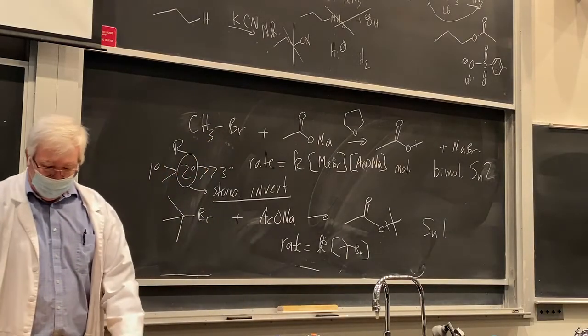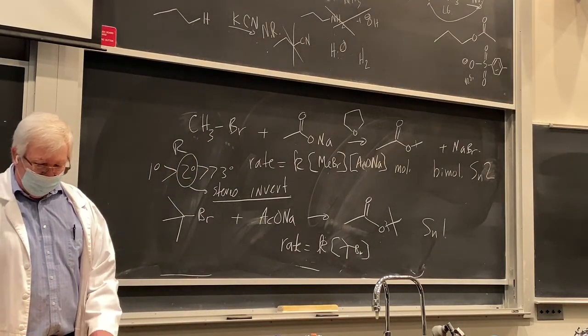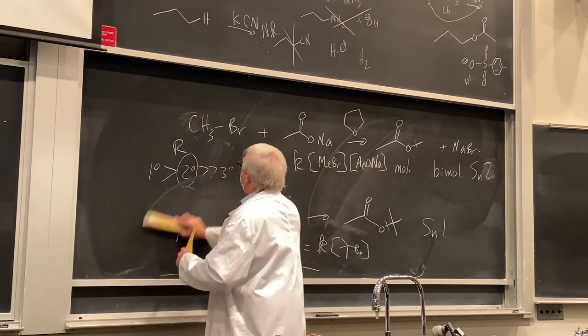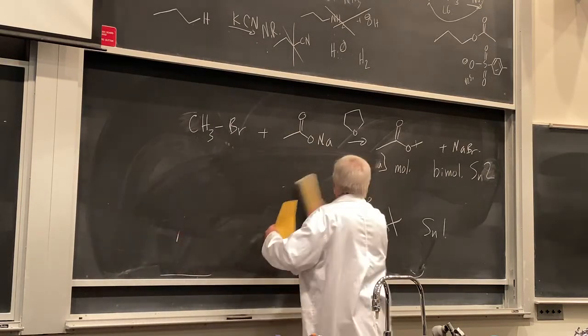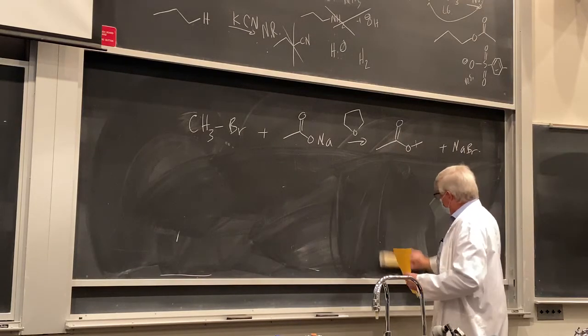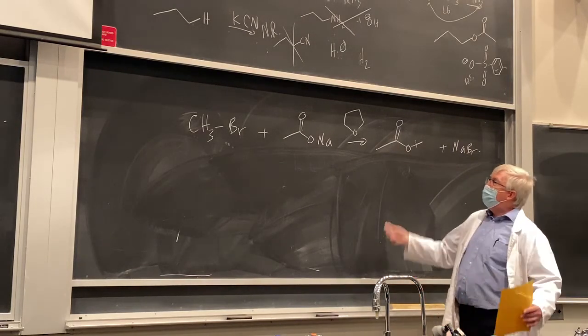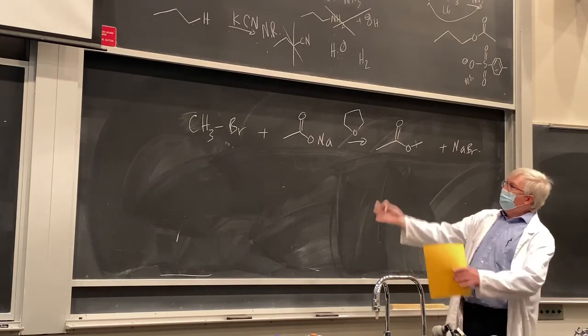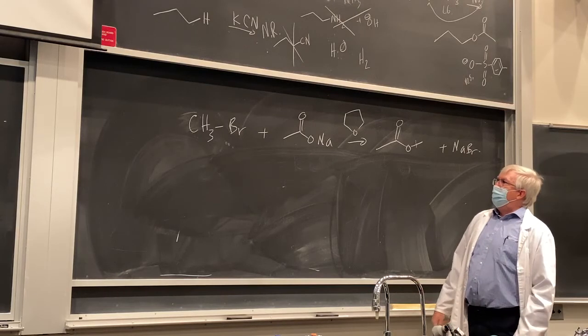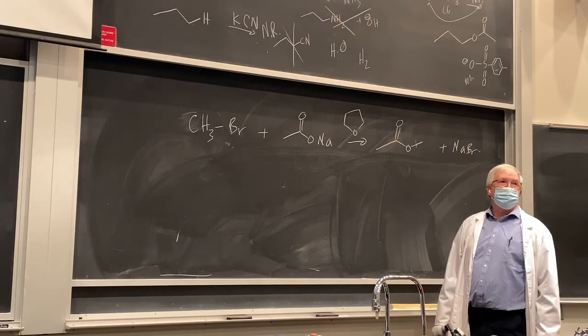So let's see what we need to do here. What's it going to look like? Well, let's come up with a mechanism for this. There's a number of mechanisms we could consider. Direct attack, an associative thing via a hypervalent carbon. We could picture all sorts of different approaches.